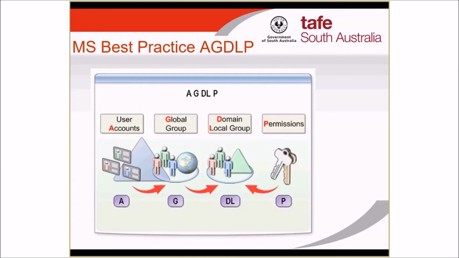Maybe they're part of the forest, or maybe there's a relationship between all the TAFEs of all the states. If so, I could set up a domain local student folder access group, and then take the global groups from the Queensland TAFE domain, the Victoria TAFE domain, the Western Australia TAFE domain, all the student global groups, and put them into the domain local group as members.